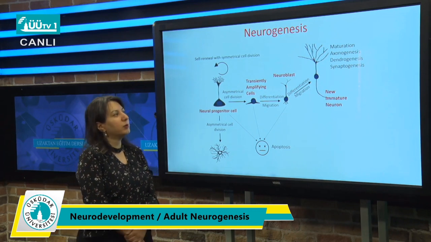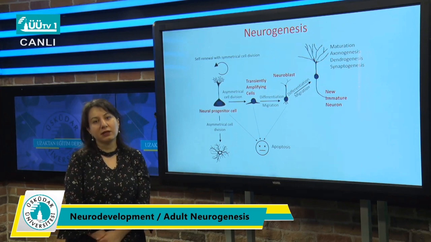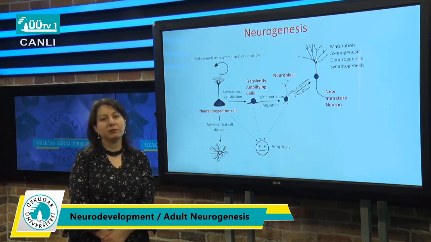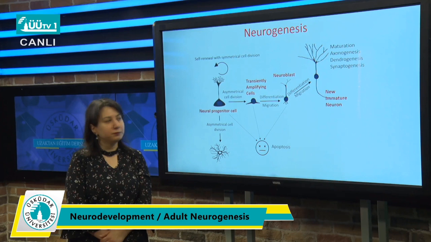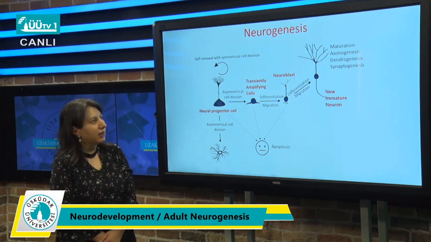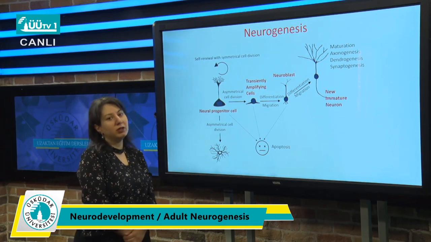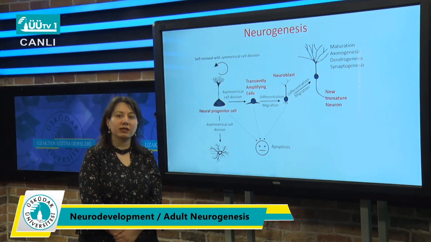So the most specialized type of neural progenitor cell will be the neuroblasts, and this is the last step before the actual neuron. And the neuroblasts usually differentiate and migrate at the same time, or they might differentiate into an immature neuron, and that immature neuron might migrate.